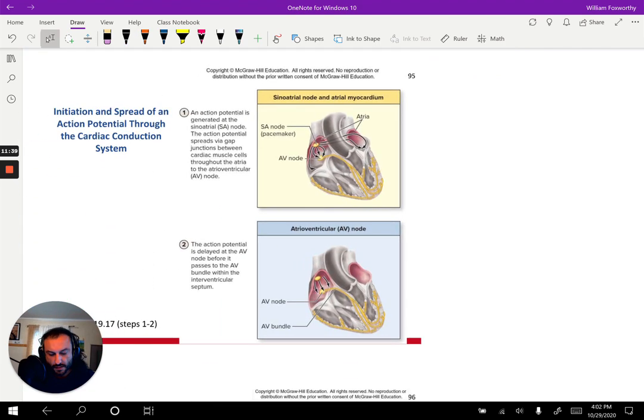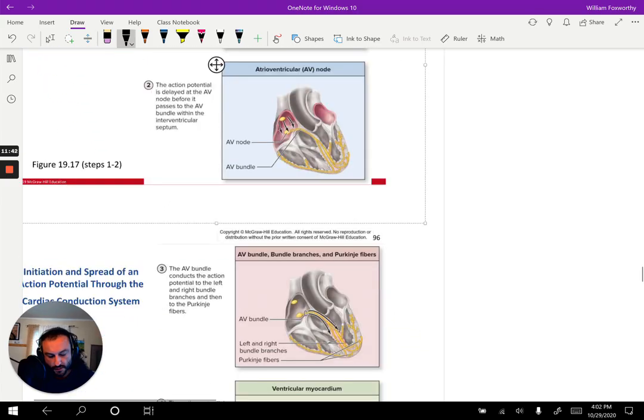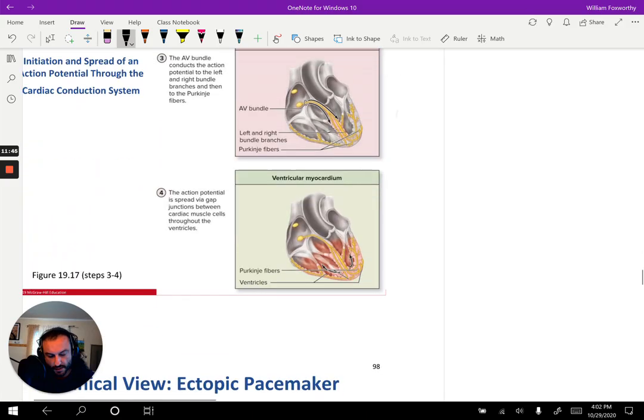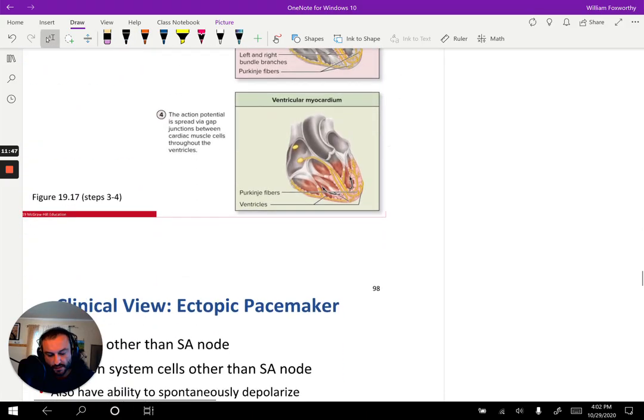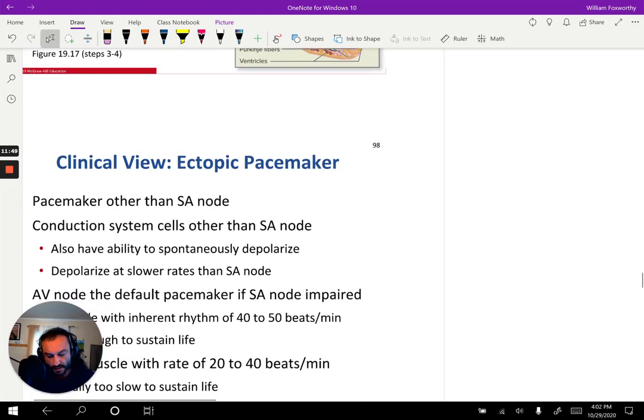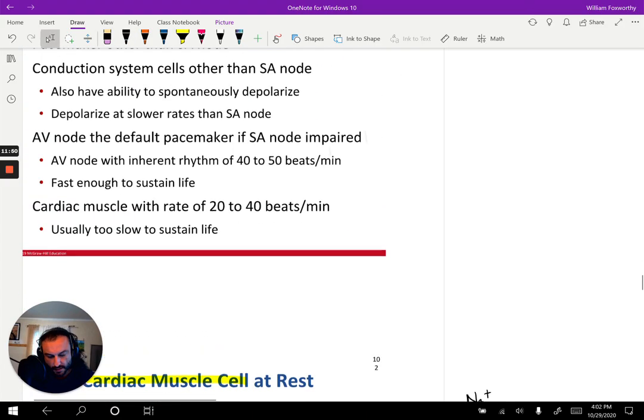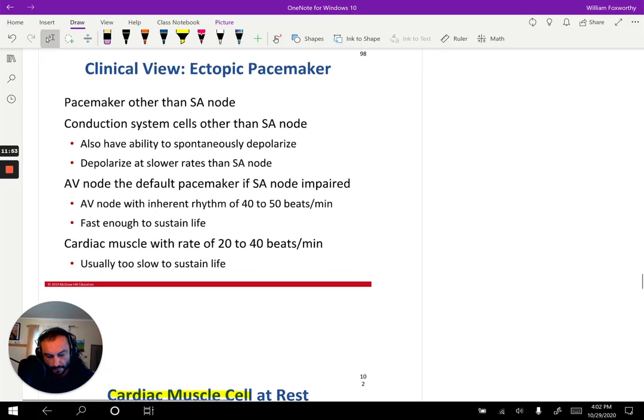So that's happening in our SA node, and that activity is spreading following the pattern we previously talked about through the atrial muscle to the AV node, AV bundle, Purkinje fibers, and then the ventricles. If the SA node becomes impaired, the atrioventricular node can take over.